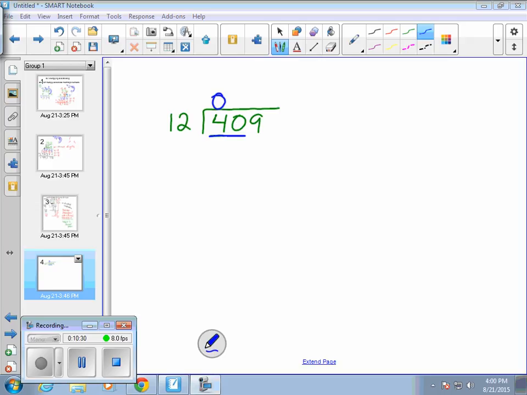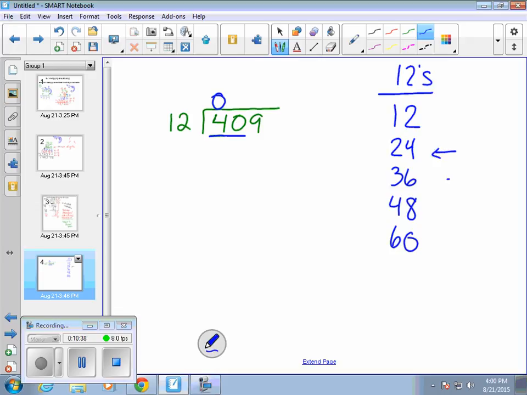But if I didn't know that, I could quickly make a list. This list represents 12 times 1, 12 times 2, 12 times 3, and so on. If you make a list, that'll help you as you progress in your division. So I'm choosing 36, which is 12 times 1, 2, 3. 12 times 3 goes here, which is 36, and like we did before, we're subtracting.